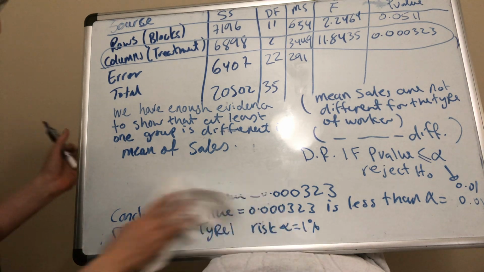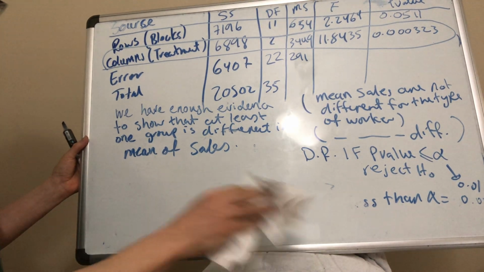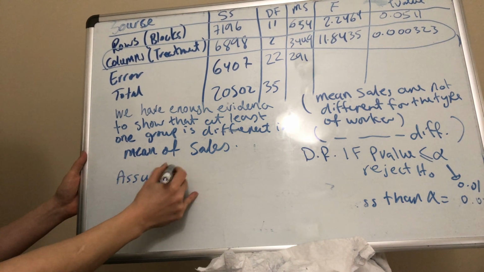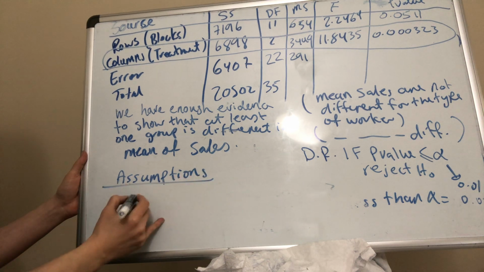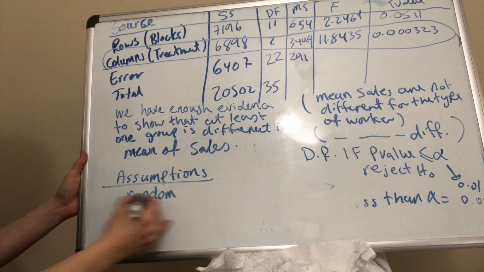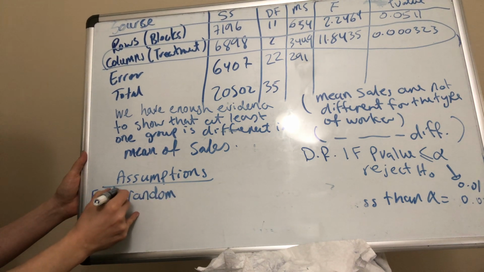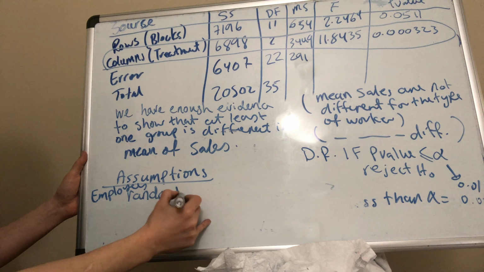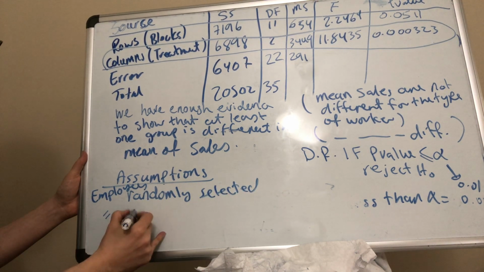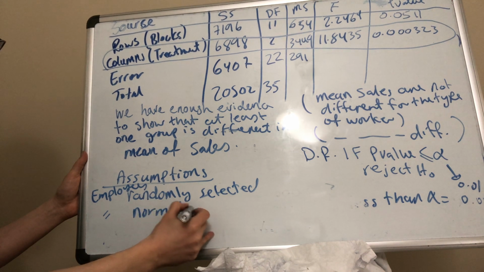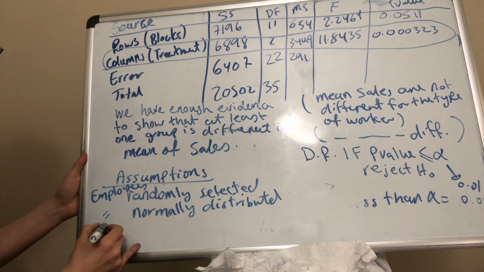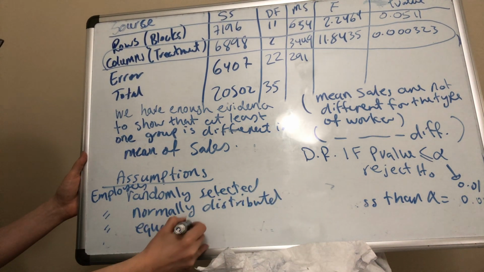Okay. Assumptions. So for the assumptions: random, so please, randomly selected employees, normally distributed, equal variances.